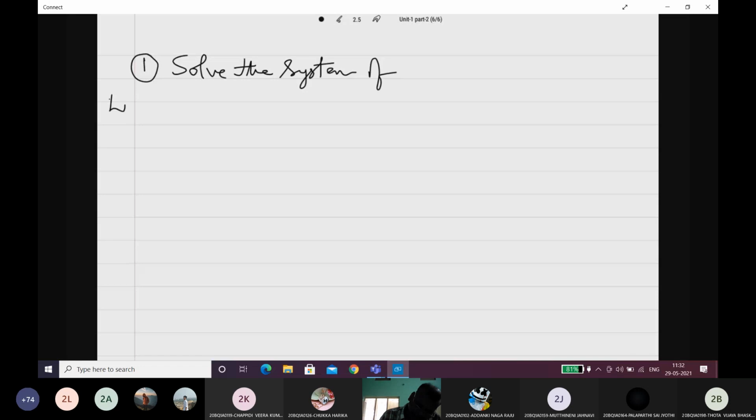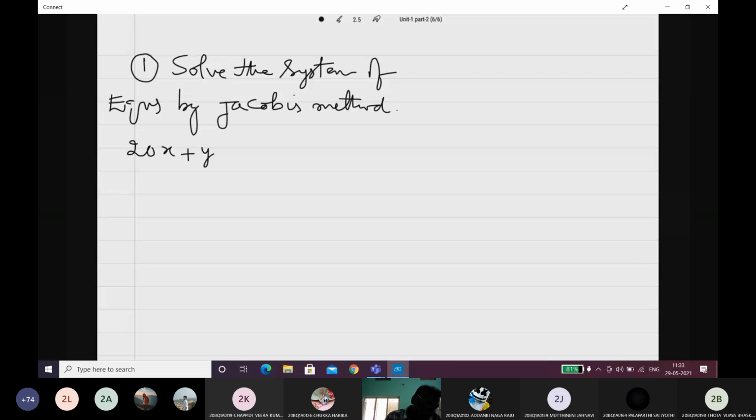Now write down the equations. 20x plus y minus 2z is equal to 17.